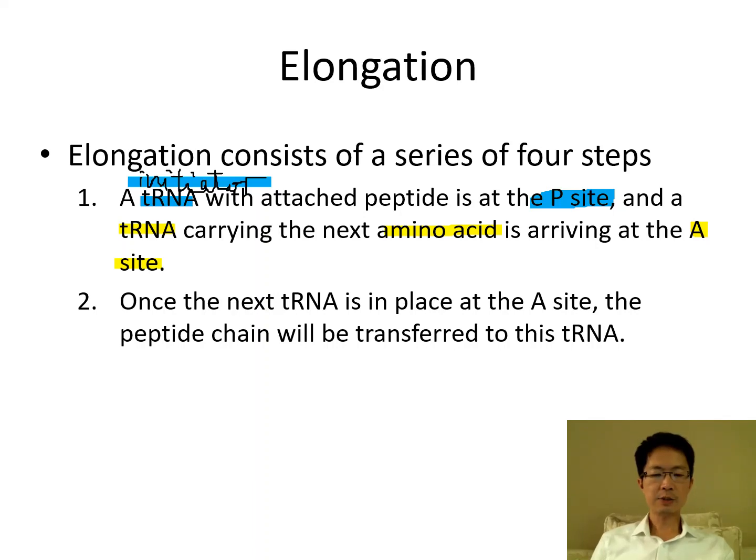And then the last bullet point is very simple. It's just the tRNA when it is at the A site, the polypeptide chain will transfer to this tRNA. So the polypeptide chain originally is at the P site.